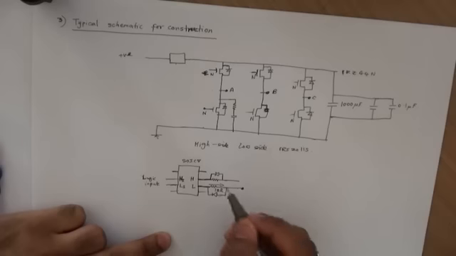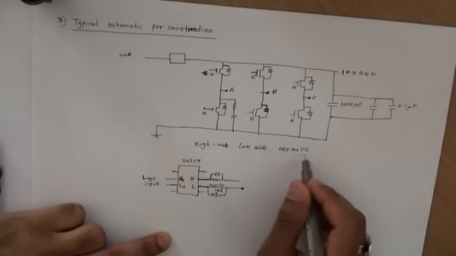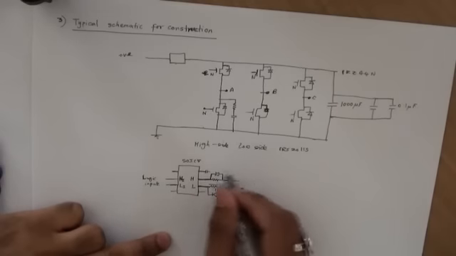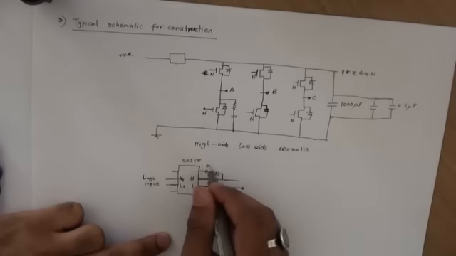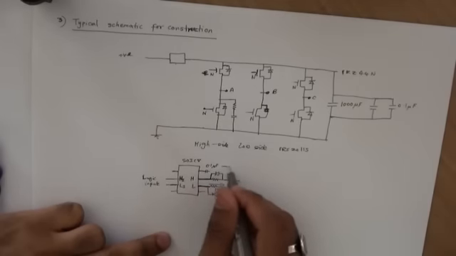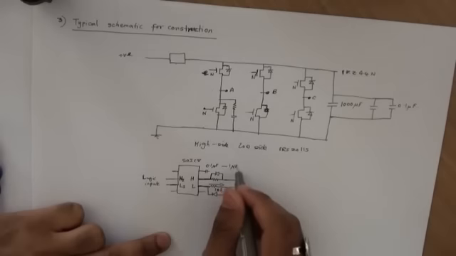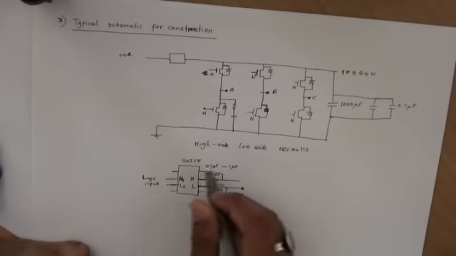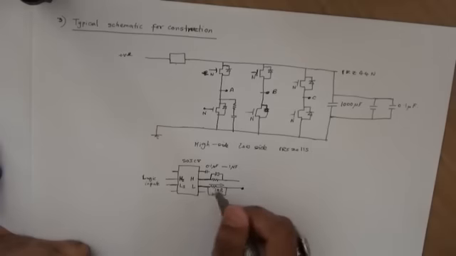If you look at the data sheet for IRS2011, you'll find that they have a charge pump capacitor up here, and normally you can have somewhere between 0.1 microfarad to 1 microfarad. It really depends on how fast you're switching the high side or the low side.